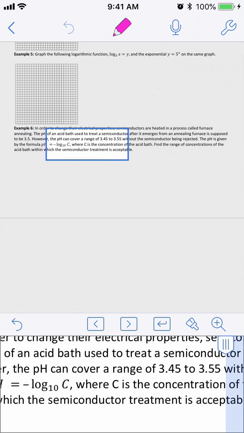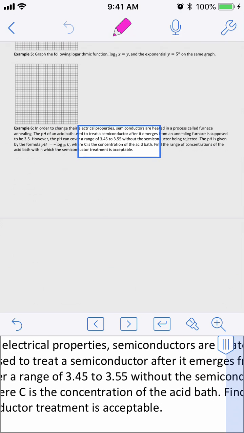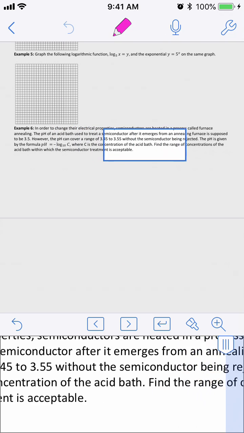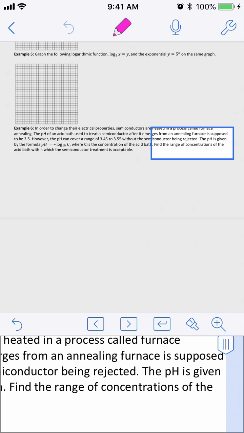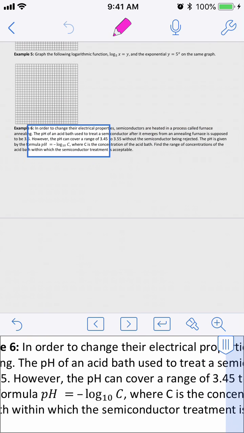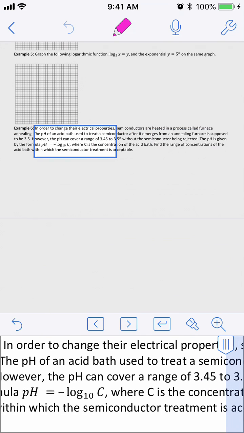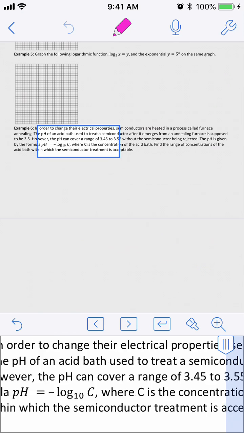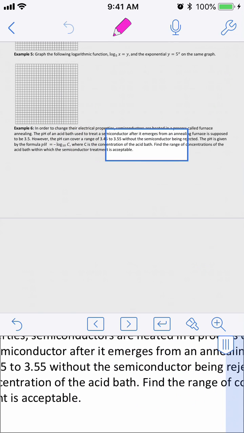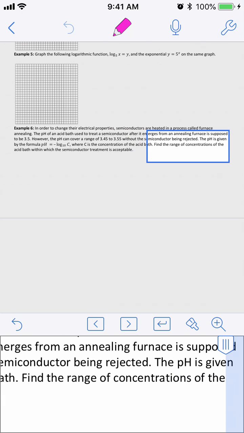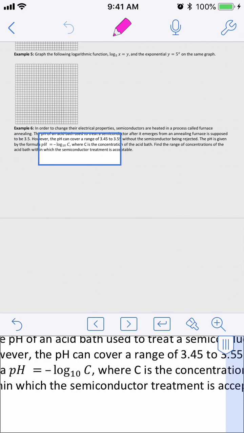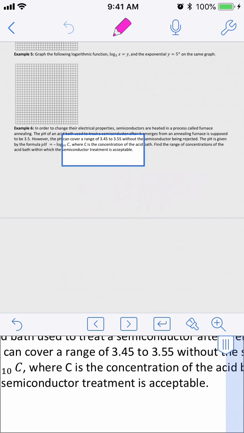However, the pH can cover a range from 3.45 to 3.55 without the semiconductor being rejected. The pH is given by the formula pH equals negative log 10 of C, where C is the concentration of the acid bath.